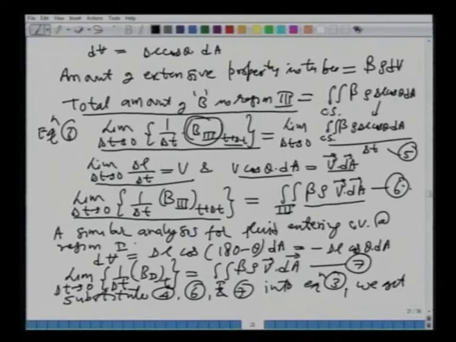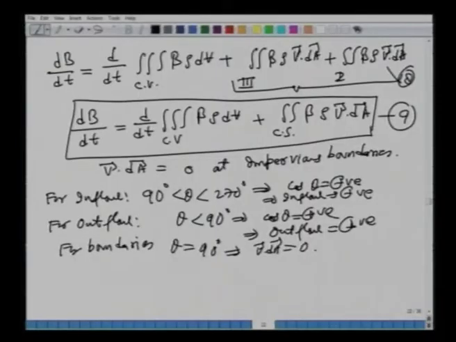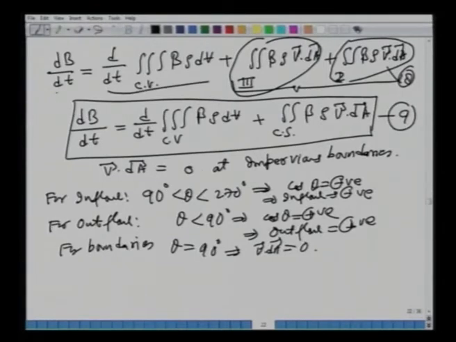Then what we said is we can carry out a similar analysis at the inflow region, and we will come up with a similar equation, which was this. This was the similar analysis for the inflow region. This is what we had just derived, and this was the component 1, and this is the left hand side.